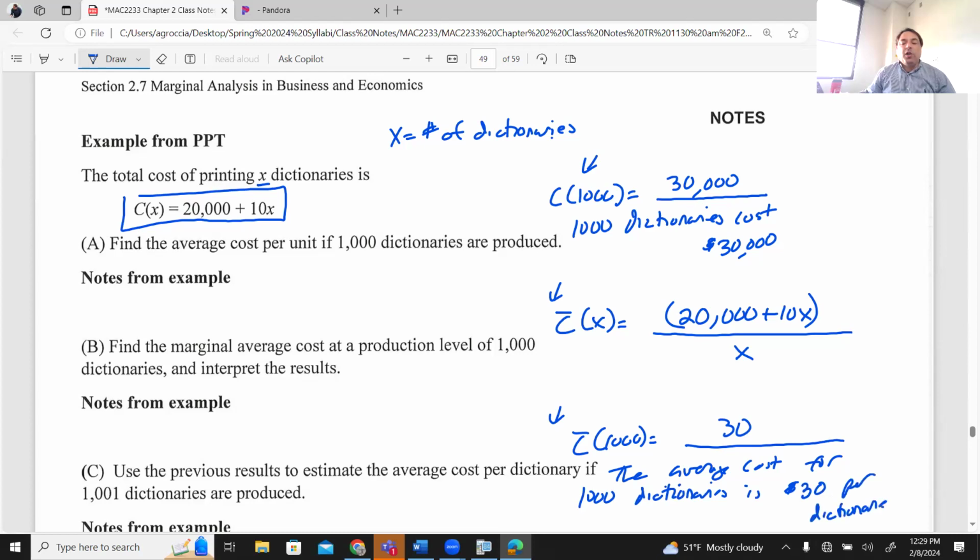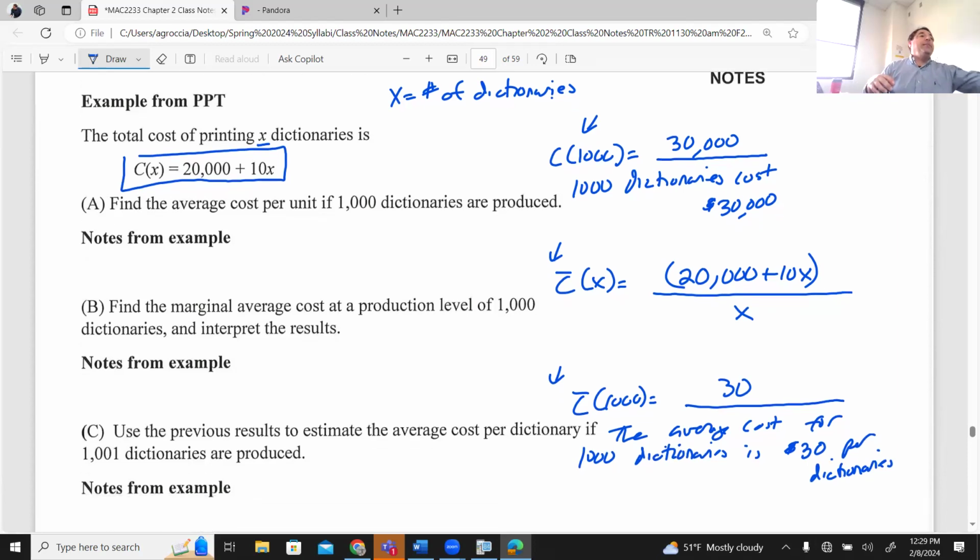That's not the total for all of them. That's the average cost. Now, again, the first one may be expensive, the last one may be cheaper, but on average, what's the cost per dictionary? $30 per dictionary. That's the average cost. Are we okay? Total is a different thing than marginal. This is average cost. Have I done any derivatives, anything at all? No. And we could stop here and we stop happy, but we won't.